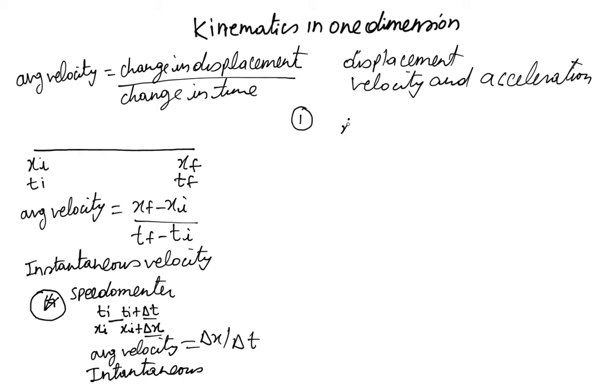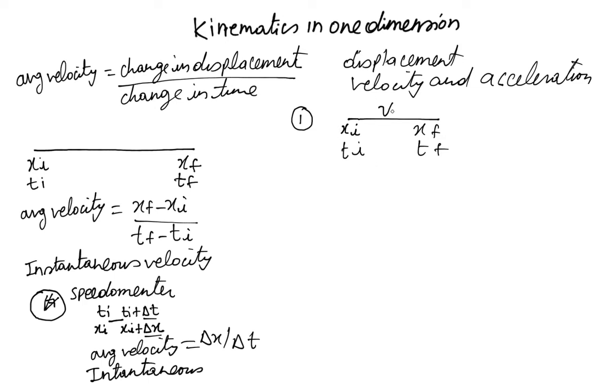The first case: we start at position xi at time ti, we travel with a velocity v which is constant, and then we end at xf at time tf.